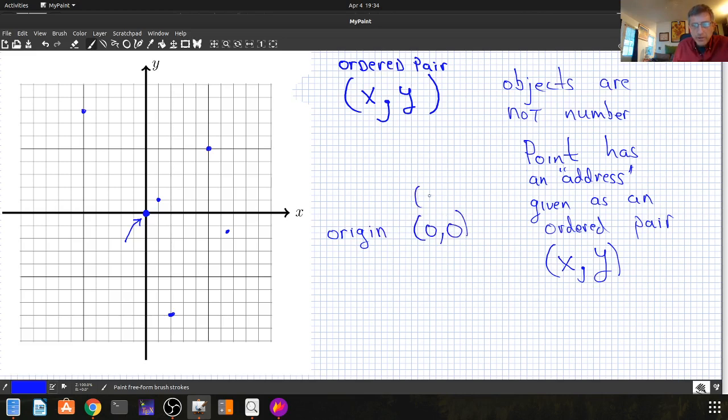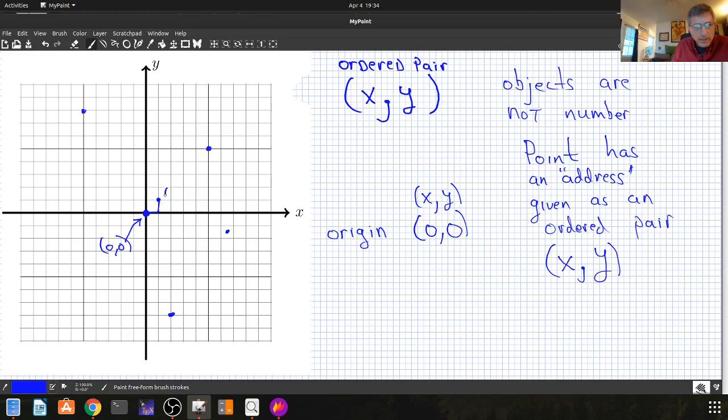So remember, this is an ordered pair. The x value is 0 and the y value is 0. So the origin has this as its address. That looks like a face, but it's supposed to be 0, 0. This point right here, well, if I move in the x direction along the number line, I go one place to the right, and I go straight up.